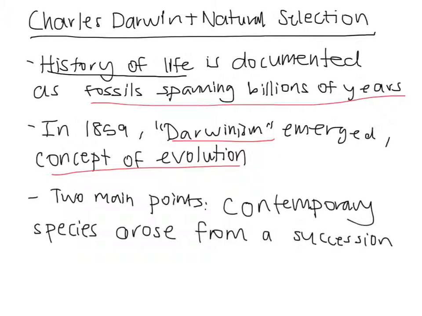There were two main points of Darwinism. The first being that contemporary species arose from a succession of ancestors, and Darwin supported this concept with much evidence.